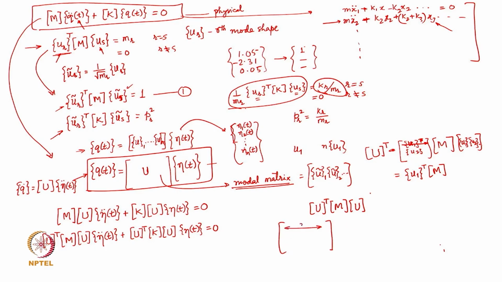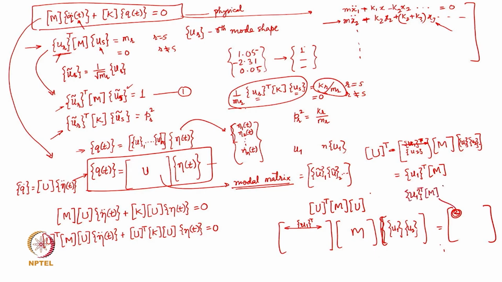So, this is going to be U1 transpose getting multiplied by the entire mass matrix, and this is going to be all U1, U2 and so on. If you work it out from here, the first diagonal element is actually going to be U1 transpose M into U1.